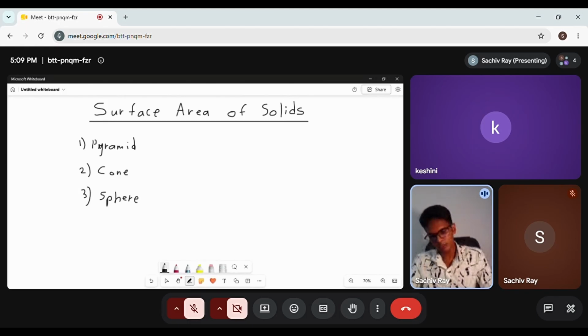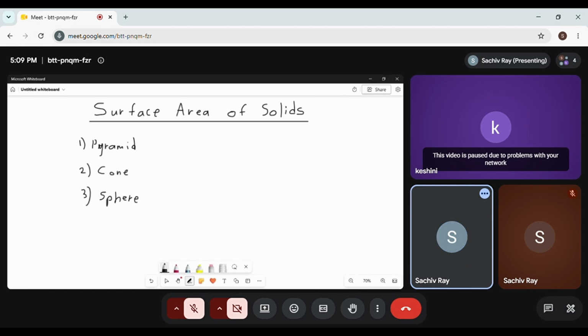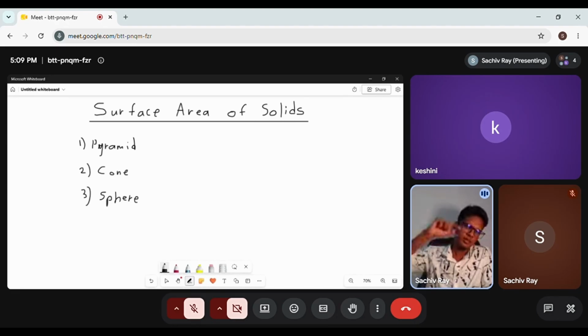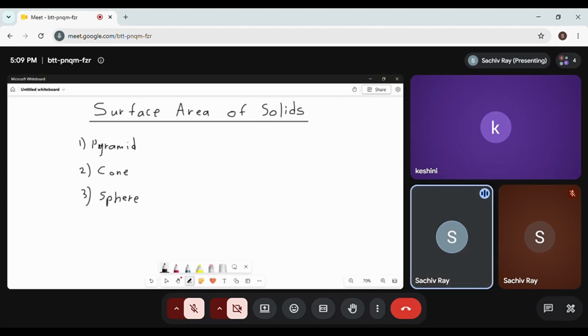Now, if you take a look at the pyramid, you can see that the pyramid is made out of a square base and four triangles. So this is the surface area of a square and triangles. And if you take a look at the cone, you can find it on page number 55. There's a circle and a cone part, which is actually a sector, we call it.